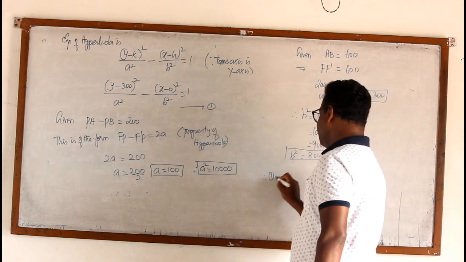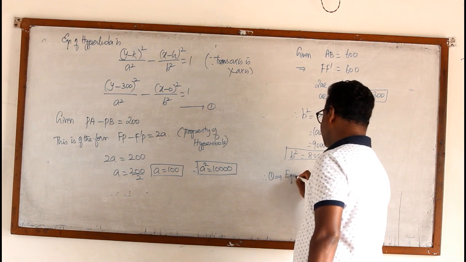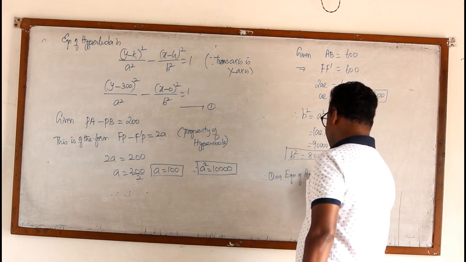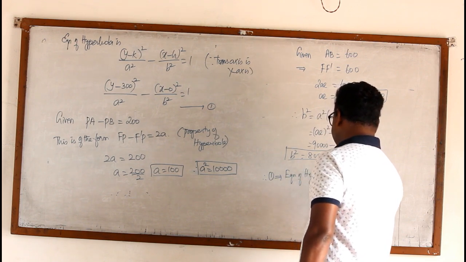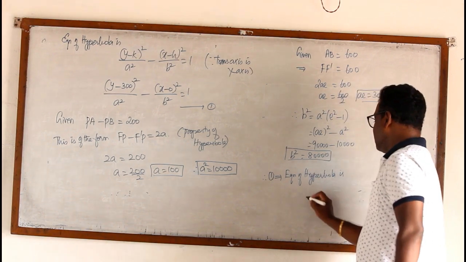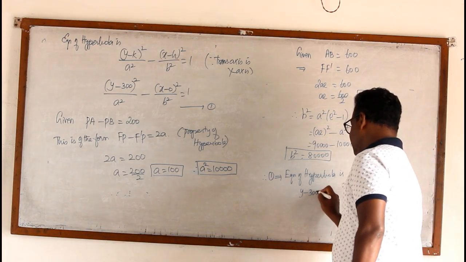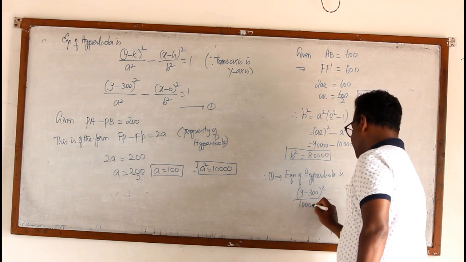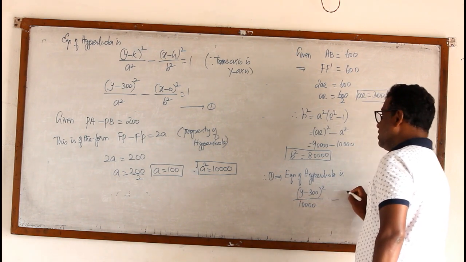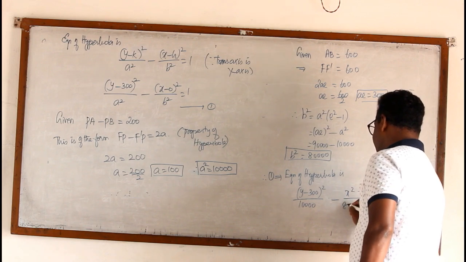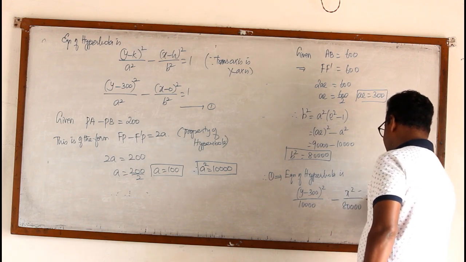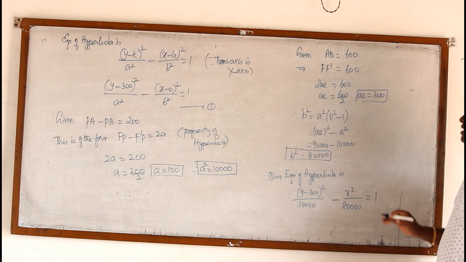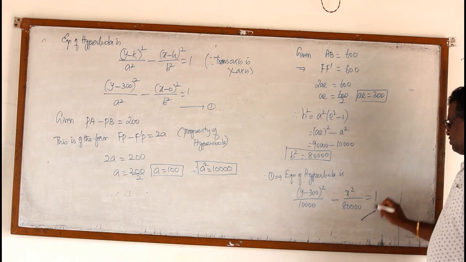Therefore, the equation of hyperbola is y minus 300 the whole square by a square is minus x square by 80,000 equal to 1. This is the equation of hyperbola which we proved.